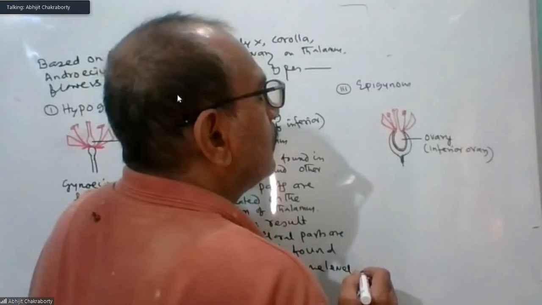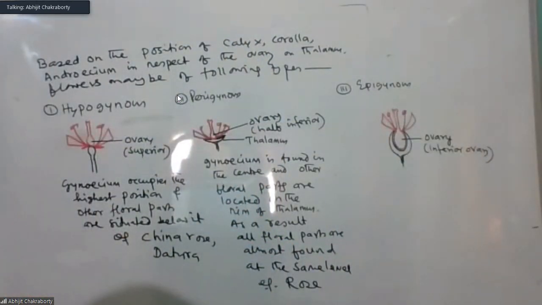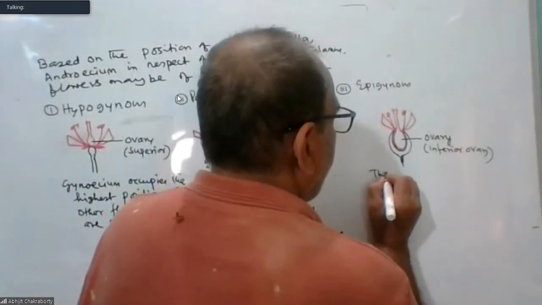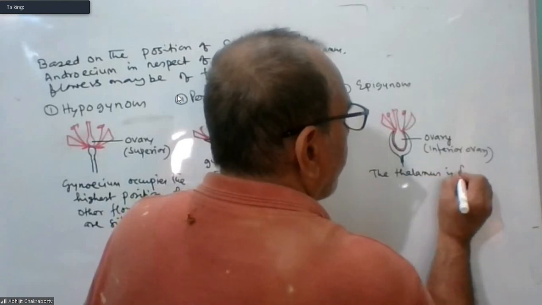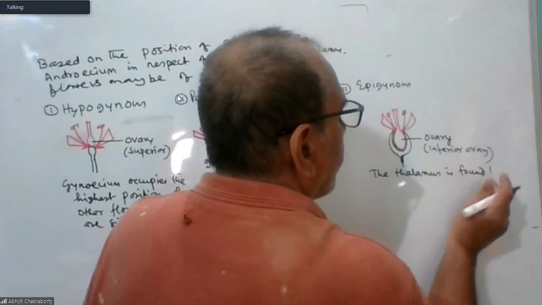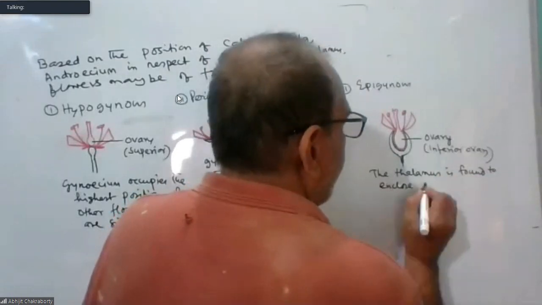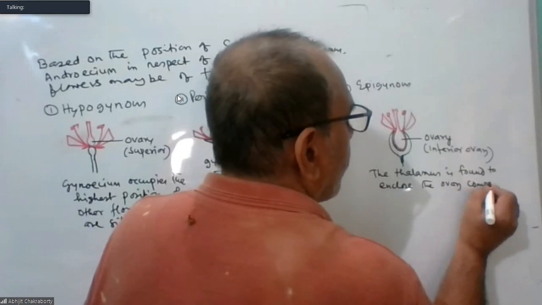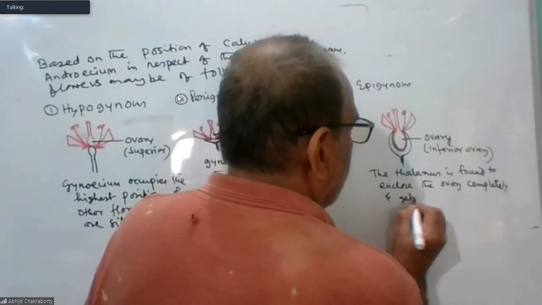Here the thalamus is found to enclose the ovary. What is found? The thalamus is found to enclose the ovary and gets fused with it.